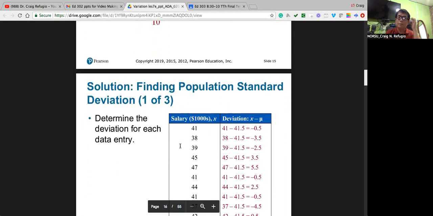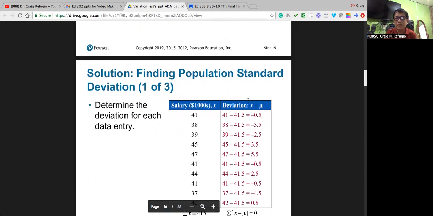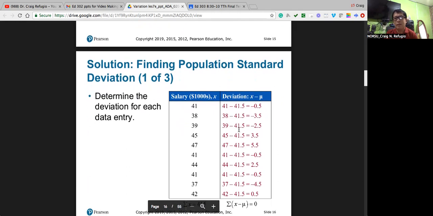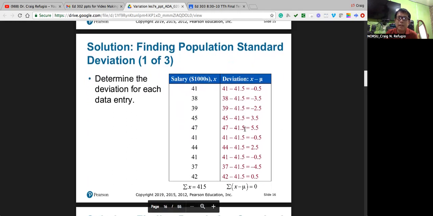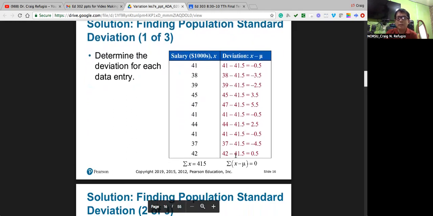And then finding the population standard deviation. So determine the deviation for each data entry. Deviation is x minus mu. So that's 41 minus 41.5, 38 minus 41.5, 39 minus 41.5, up to 42 minus 41.5, 0.5.